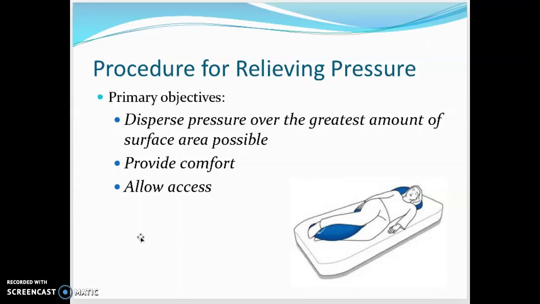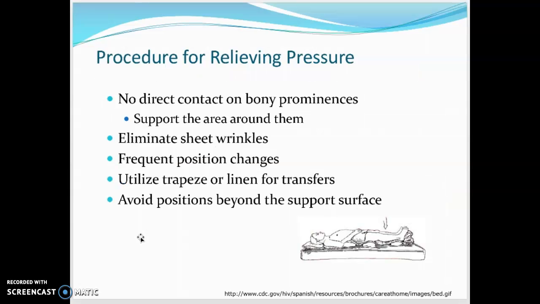And so if we're able to extend the elbow and have the weight of the entire arm lying there, we have dispersed that pressure. And of course, we want patients to be comfortable and have them be able to access their environment, and have caregivers be able to access the patient to provide various treatments. So we want to, as I said, avoid direct contact on bony prominences.